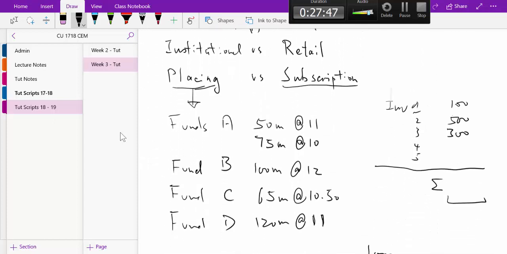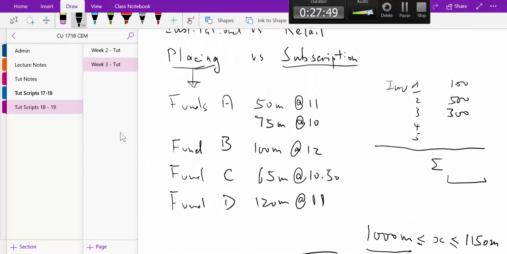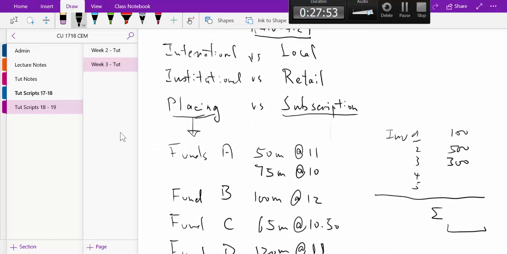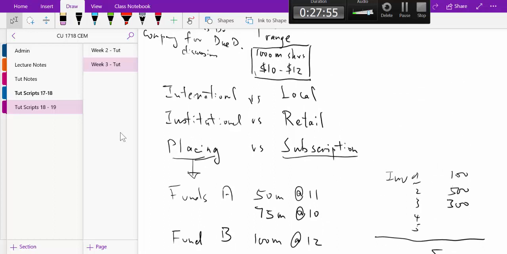Let's say when you add up all of these, by default the standard allocation, as you know, is 90% international and 10% local. That means they would target to have 900 million shares sold to international.